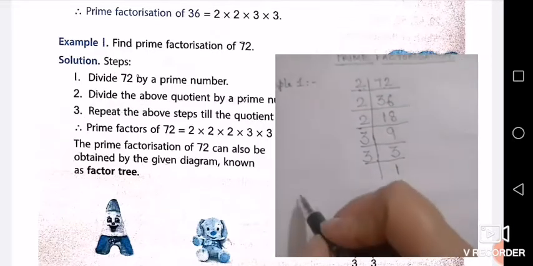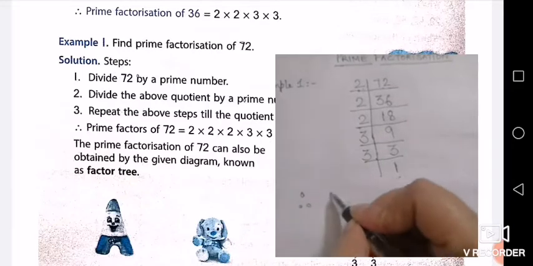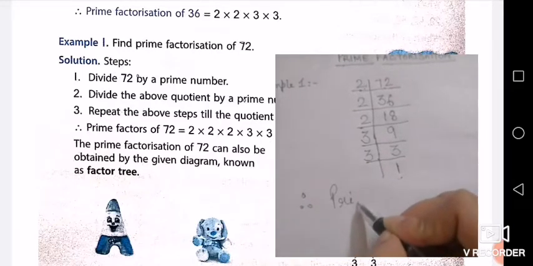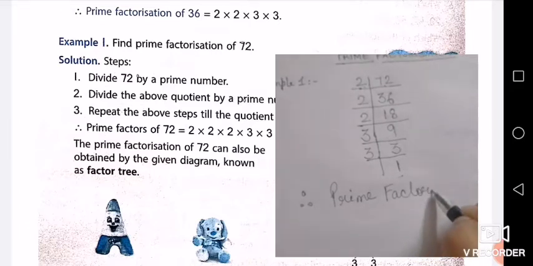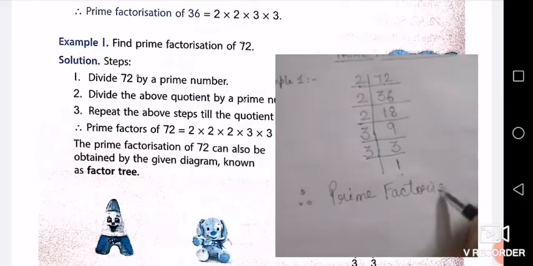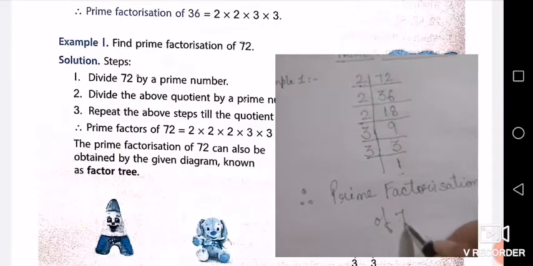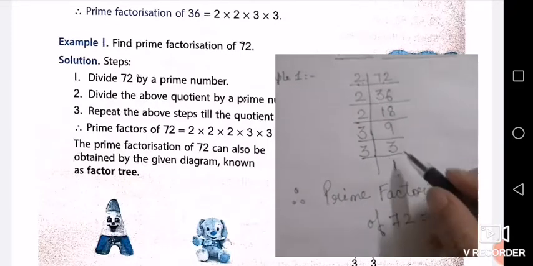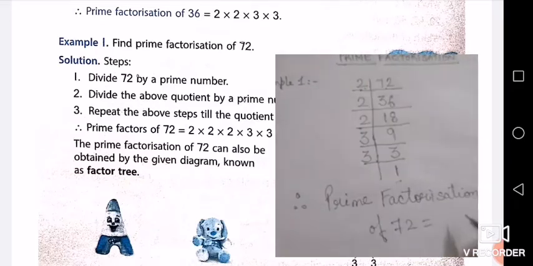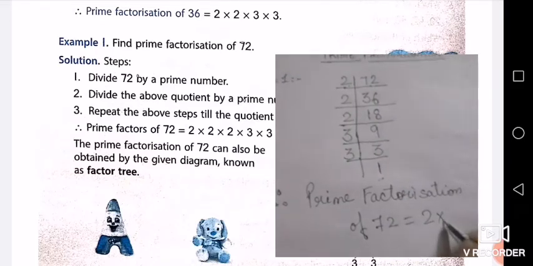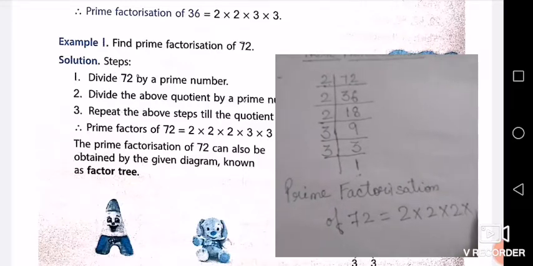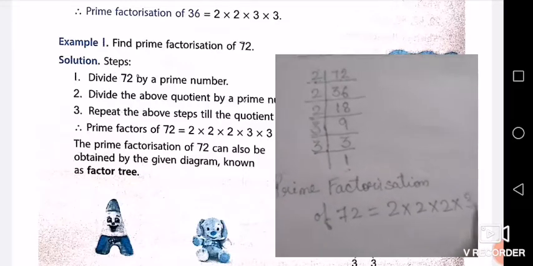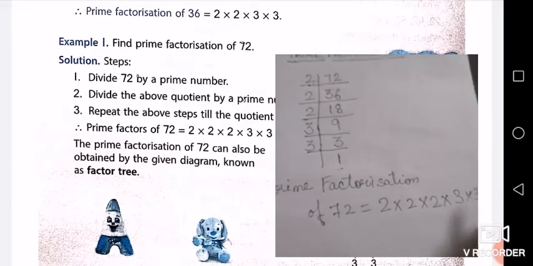Now you will write: therefore, the prime factorization of 72 is the multiplication of all the factors: 2 multiplied by 2 multiplied by 2 multiplied by 3 and then last multiplied by 3.